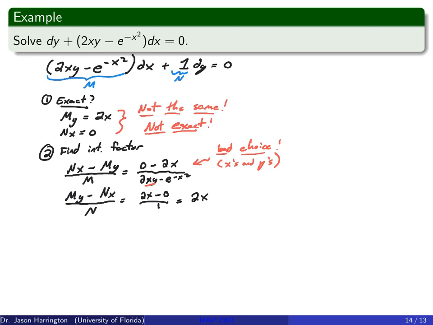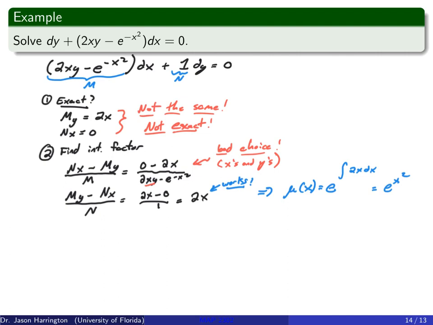So we see that this actually works, and that's what we're going to use. So our integrating factor is mu of x equals e to the integral of 2x dx, which is simply e to the x squared.